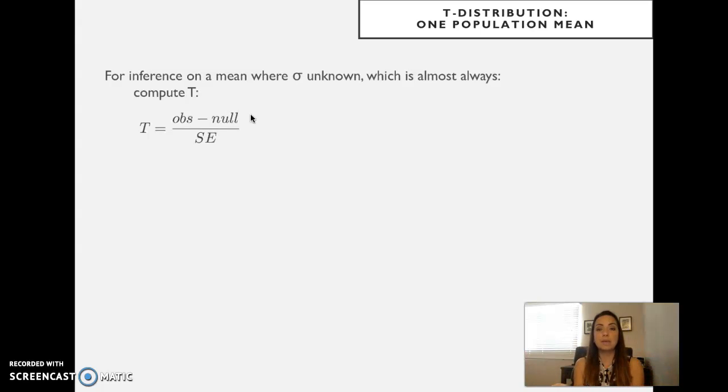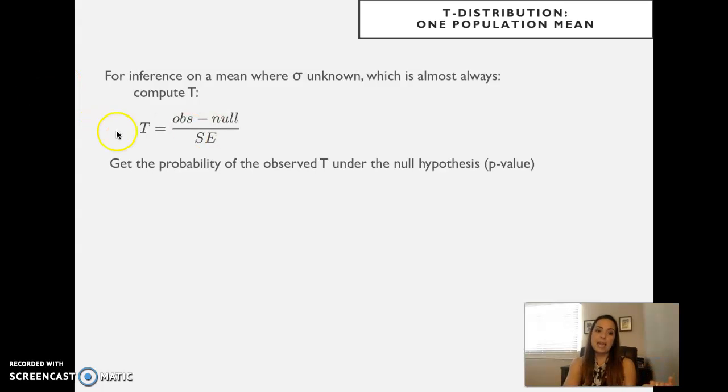Imagine if we were doing the study on the percentage of body fat, but instead of that very large 6,000 people sample, we had only 10. We would have the observed mean, and the null hypothesis, which was, again, 35. And we would compute the standard error in the typical way. But we know that this value will not be as precise, so we'll compensate by having thicker tails and requiring greater deviations before we can reject the null.